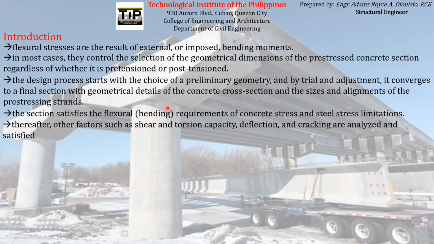So the precise concrete element that you are designing must not only satisfy the flexural requirements, but it must also satisfy the other requirements such as the requirements for shear and torsion capacity, meaning your prestressed concrete element must not only be able to resist flexural stresses, but as well as the shear stresses and torsional stresses that may be induced on the concrete element that you are designing as it serves its intended purpose, as well as the deflection and cracking that is expected to be experienced by the element.